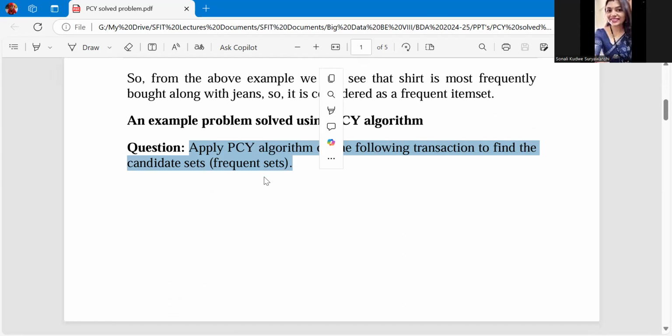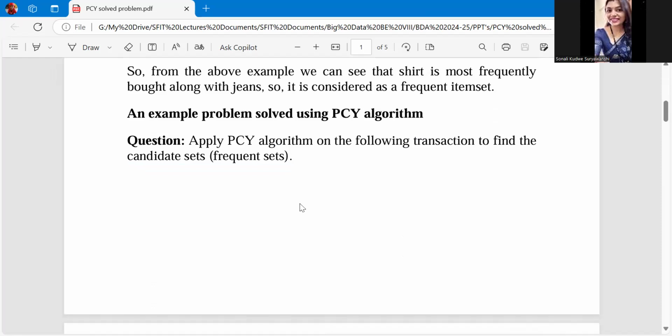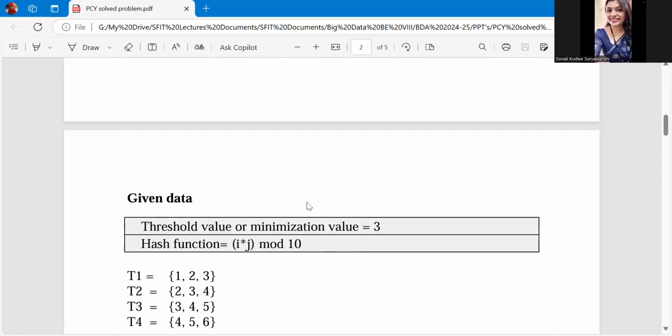We're going to discard those items which are not considered frequent. Here I have to gradually build up my candidate set, and whichever candidate set is not frequent, I can simply discard. Okay, so let's understand one question from this.